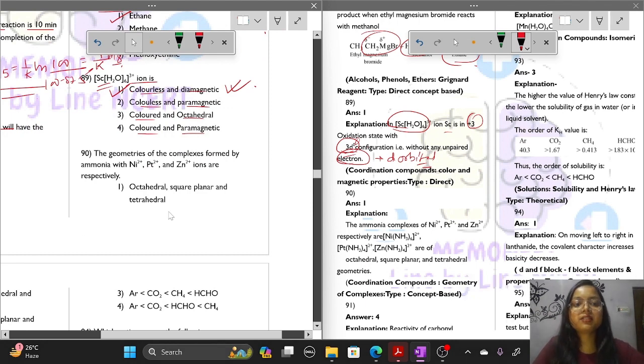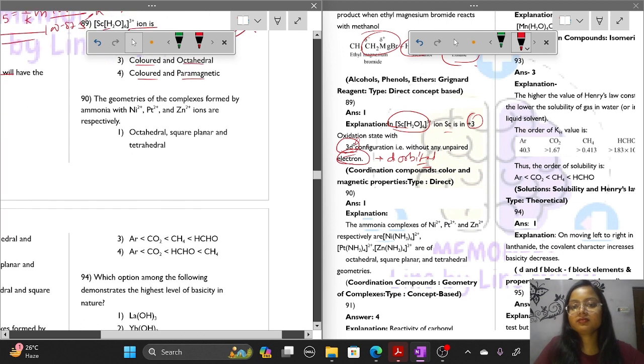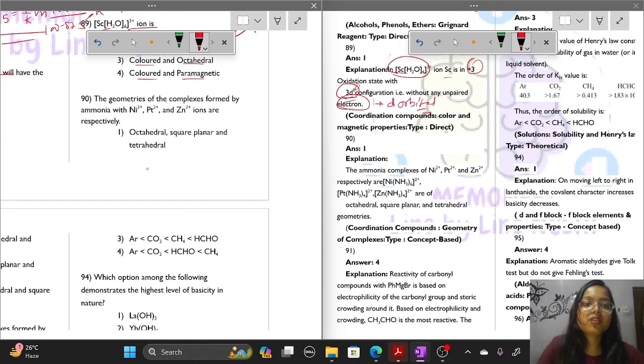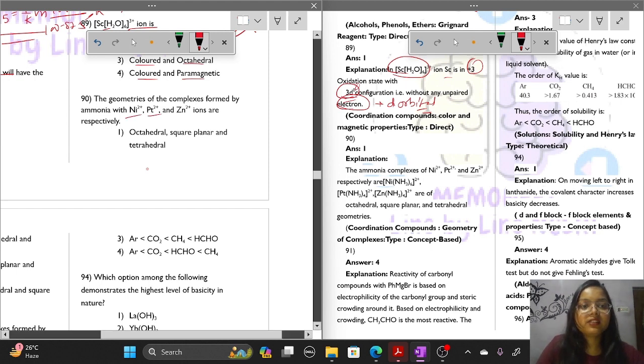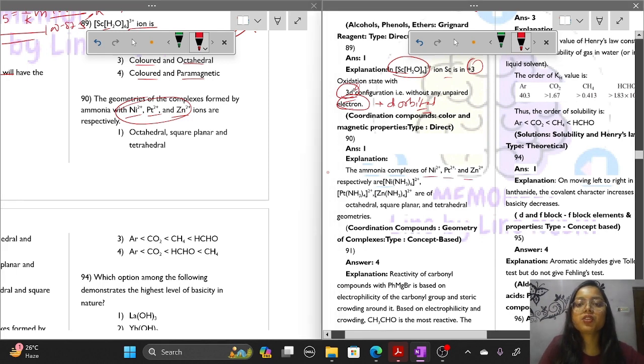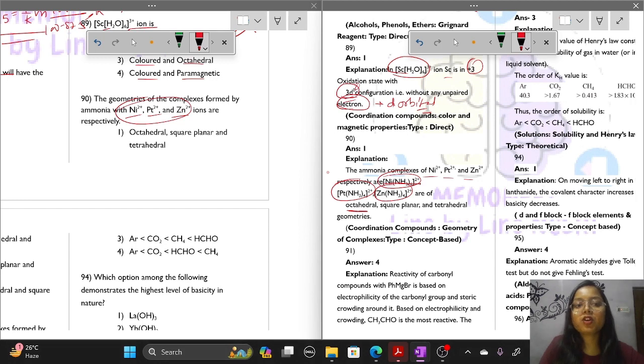Next is question number 90. The geometries of the complexes formed by ammonia. We have to find out the geometry of all these complexes. Ammonia forms the complex with all of these three. For Ni, the geometry will be octahedral.